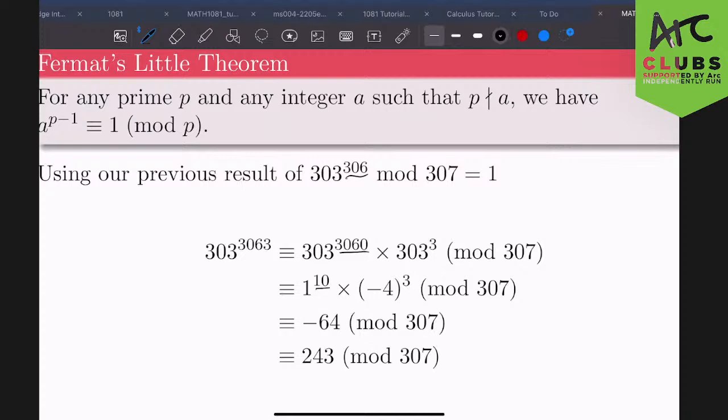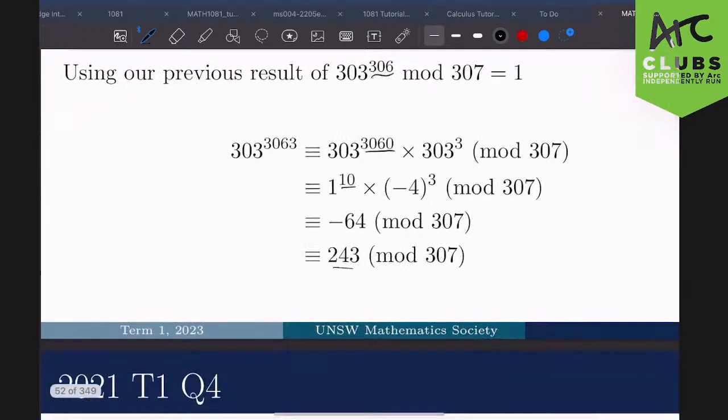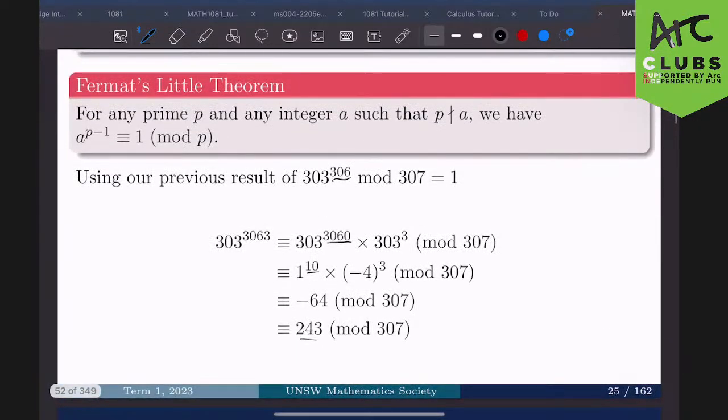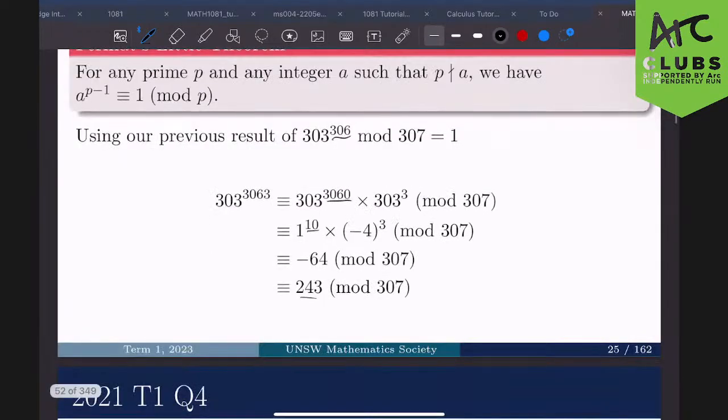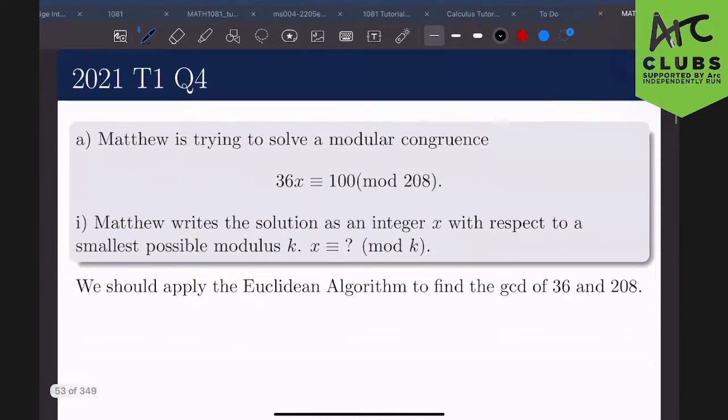Of course, 1 to the power of 10 is just 1, and then we can make it a positive, just to give a nice clean answer there. So that should be fine. Moving on to the next question.